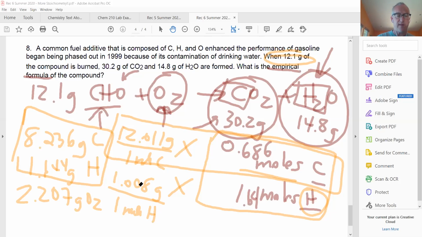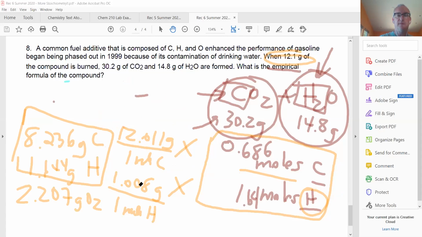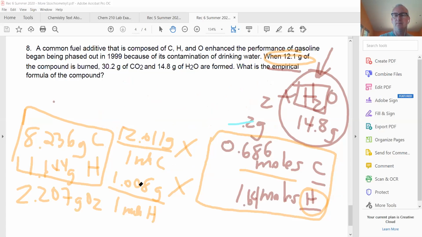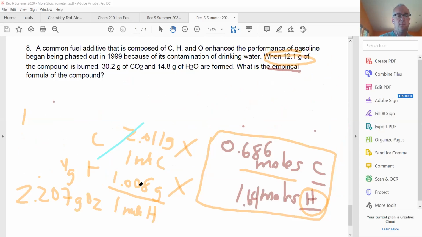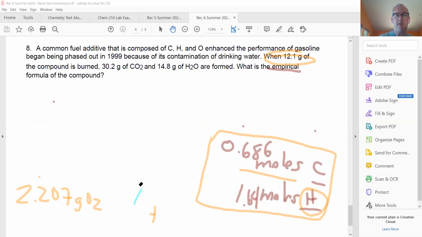So now that we have all that information, to finish, what do we need to calculate? I have moles of carbon, I have moles of hydrogen, but I have grams of oxygen. Sorry, not O2, I made a mistake there. Oxygen atoms.